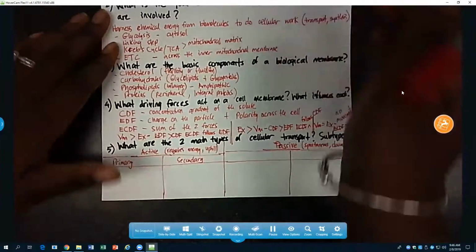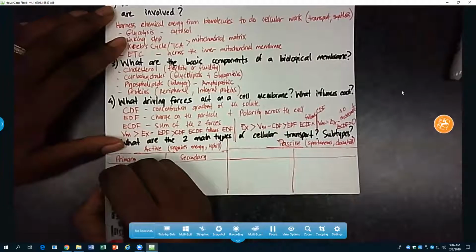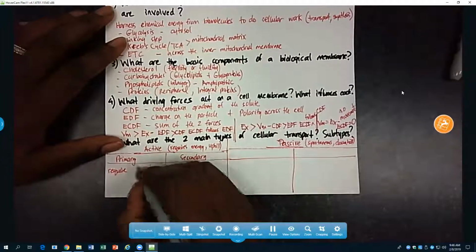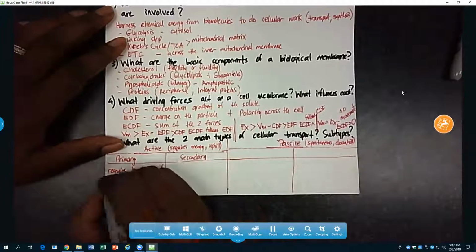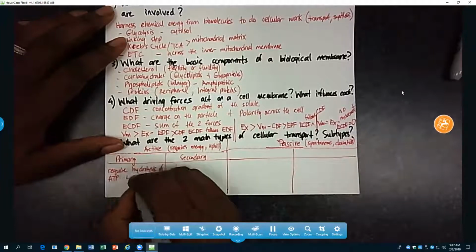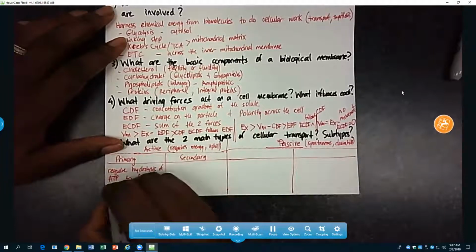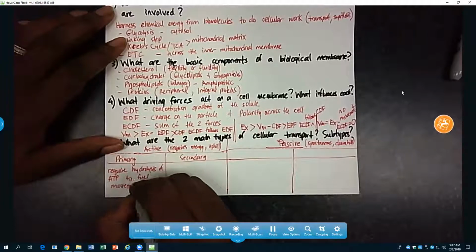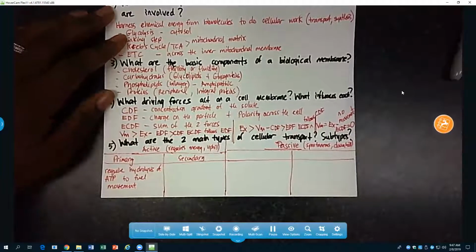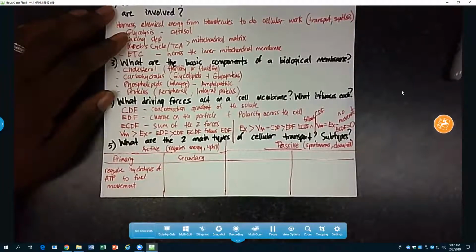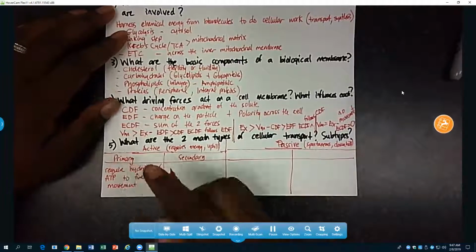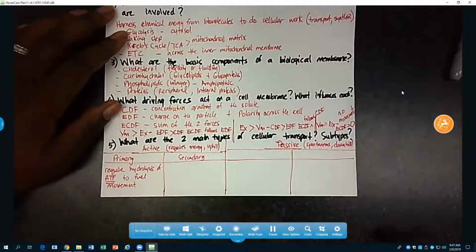It required the use of ATP. So this is going to require hydrolysis of ATP to fuel movement. Okay, because we're moving against our concentration gradient, we're going to require energy, and primary active transport uses ATP as the source of energy.